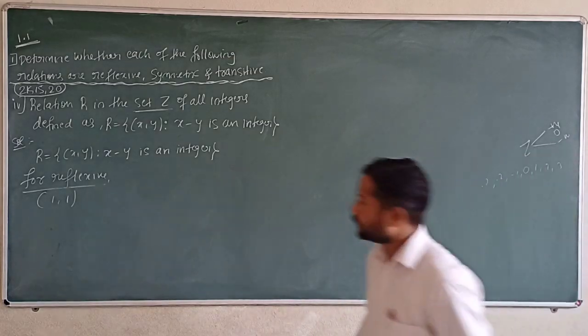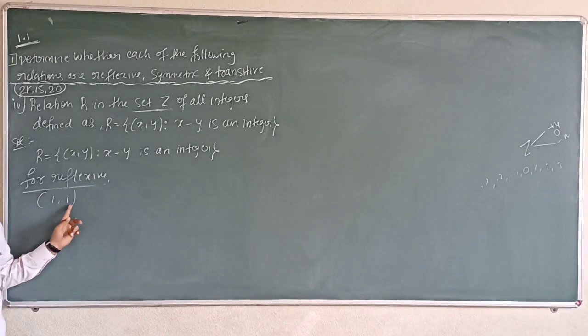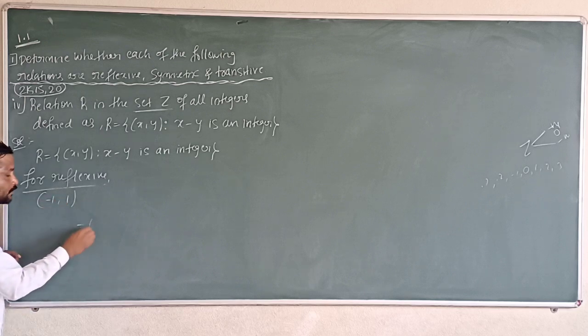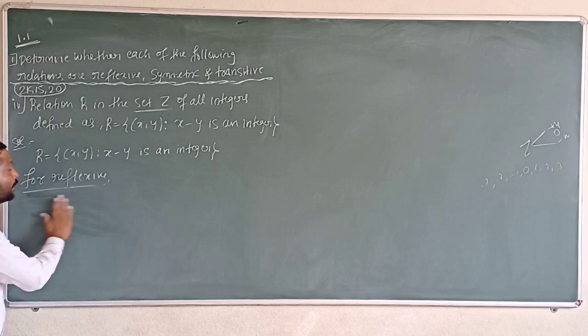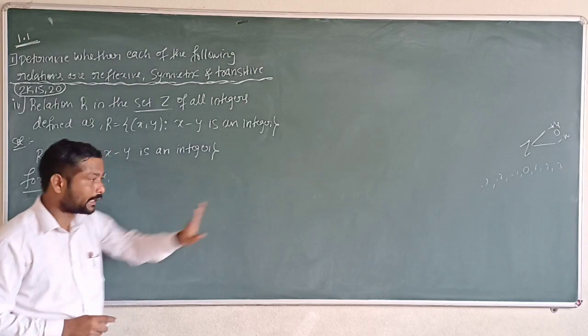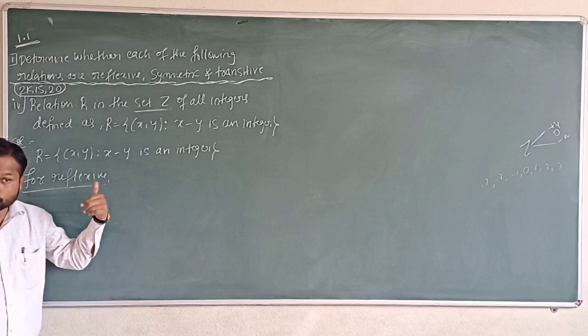Take doublets: 1 minus 1 is 0, an integer; 2 minus 2 is 0, an integer. When you apply the relation to doublets, the answer comes as an integer. So the given relation is a reflexive relation.